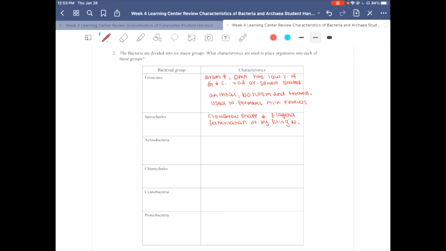The types of diseases that they can cause are syphilis and Lyme disease. Also, it's good to note that many of these bacteria are anaerobic, so bacteria that belong to this group are usually anaerobic.